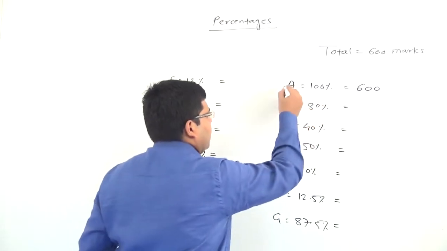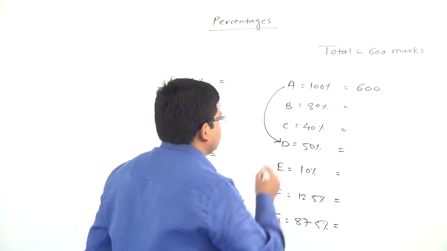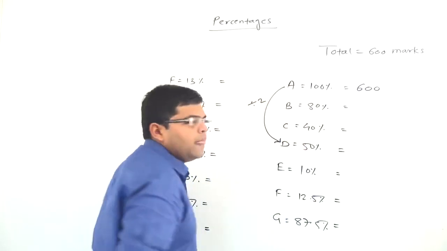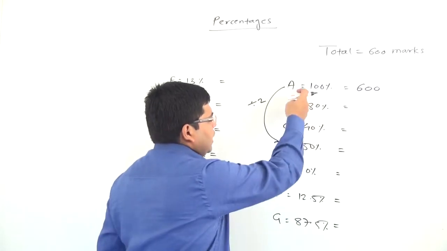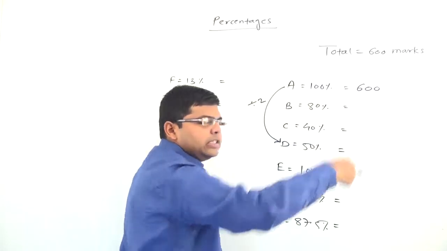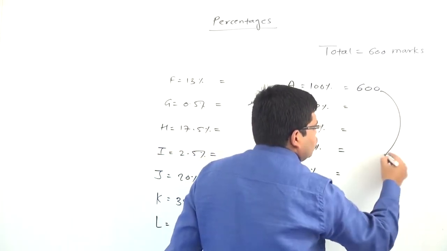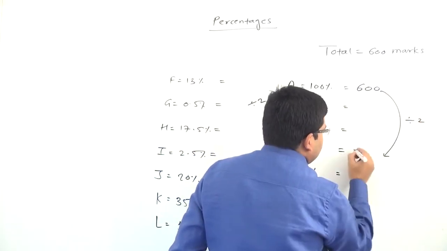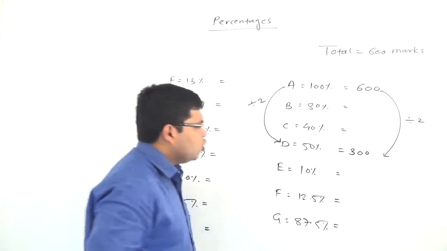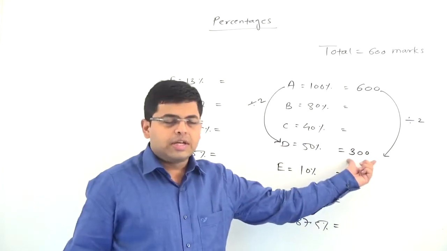So, if from 100% you need to go to 50%, what you need to do? You need to divide by 2. And therefore, if the left hand side is being divided by 2, the right hand side should also be divided by 2. And 600 divided by 2 comes out to be equal to 300, and therefore the marks scored by D will come out to be equal to 300.